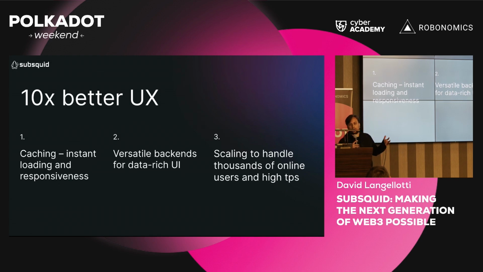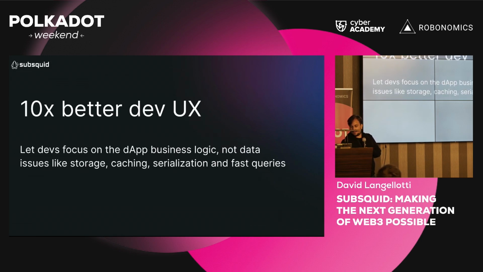Like, I spend a lot of time on DappRadar as a business developing guy, and I'm looking at the number of users there. It's not thousands. I'm sorry, it's not yet. And we need it for better dev UX. So indexing lets devs focus on the DApp business logic, not on data issues like storage, caching, serialization of fast queries.